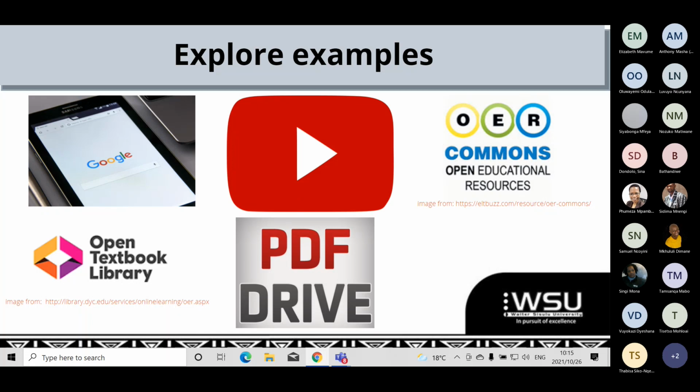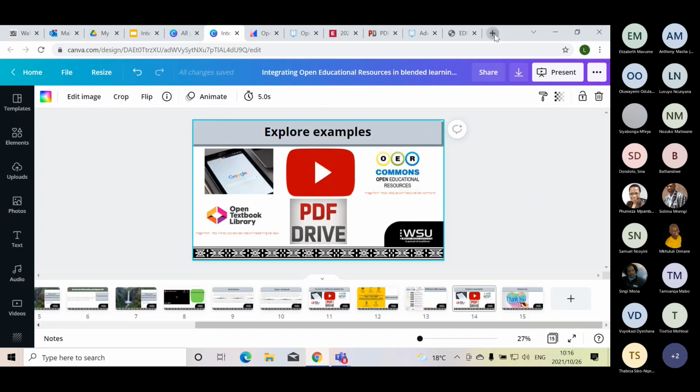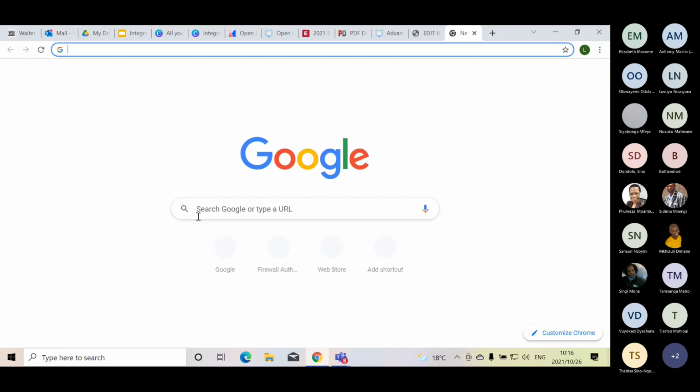So if there is any image that you want to use for your presentation, or you want to upload it on your Wise Up course, you can search that image on Google. So this is what I'm gonna do. I'm gonna go straight to Google. For example, I'm gonna search for a bulb.